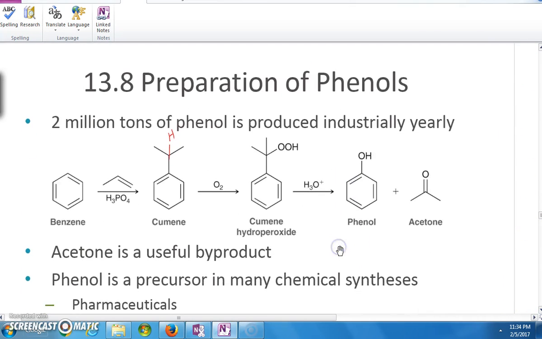Now, phenols. Phenols are very interesting. 2 million tons of phenol is produced industrially yearly. And how they produce phenol is by the reaction of benzene with propene to give cumene, and then cumene undergoes auto-oxidation to give the peroxide, and then phenol and acetone.